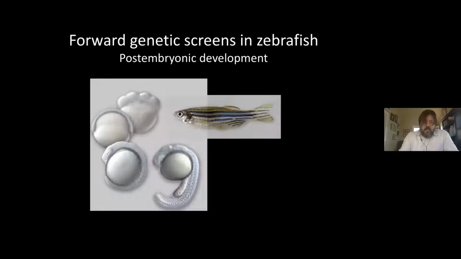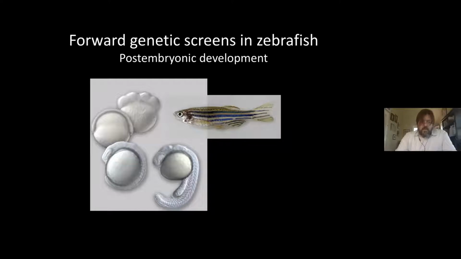And we focus primarily on the zebrafish as a model, because we can do high throughput genetics and forward genetic screens. So the tale I'm going to tell you today involves two different systems. One is for genetics and one is for genomics, and I'll tell you a little bit about both.